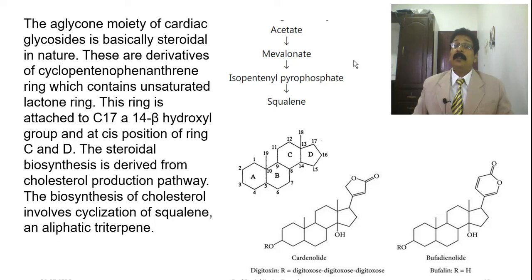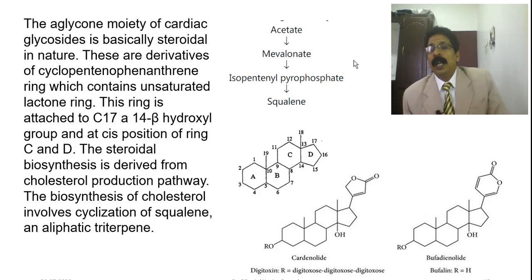Usually tail will be joined with head, but here it is tail to tail, and you are getting the structure of a 30-carbon compound called squalene, and that squalene will go for cyclization, and then you are getting lanosterol and then dehydrolanosterol, then you get cholesterol, and from cholesterol you can find various hormones, progesterone, prednisolone, estrogen, corticosteroids, all of which we discussed in the last class. I just made some time for you to remember what we studied before, that's all.